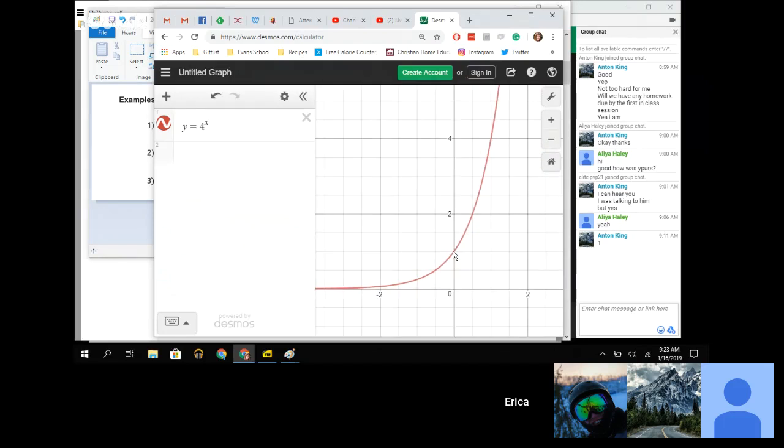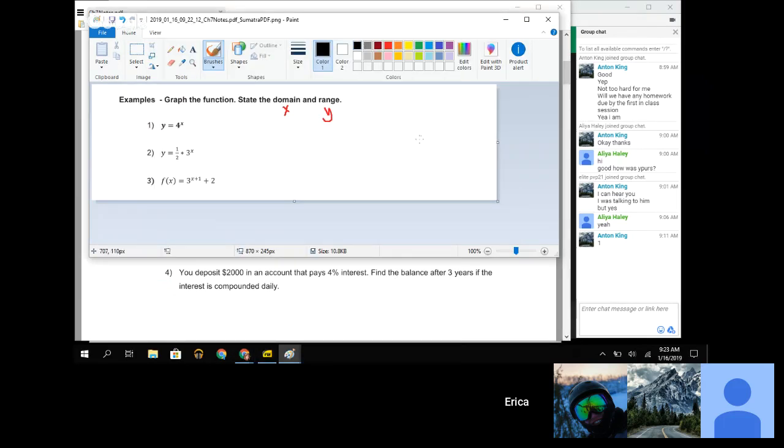So remember, when x equals 0, y equals 1, right? 4 to the 0 power equals 1. And when x equals 1, y equals 4. So those are our distinguishing characteristics for this graph. Okay, so if I was going to jot this graph down, my graph is not going to look very neat here, guys. I don't even have a straight line.